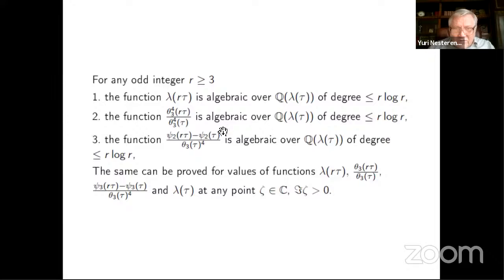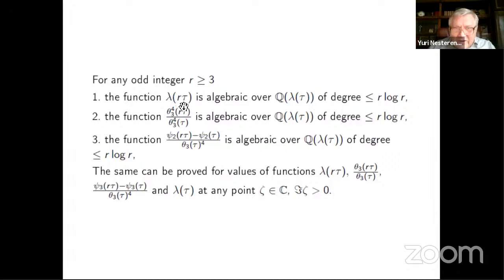The same as for other functions. And we have a sequence of algebraic points where this hypergeometric function has algebraic values. So if at the point psi, lambda of psi is algebraic, then the values of the hypergeometric functions are algebraically dependent.